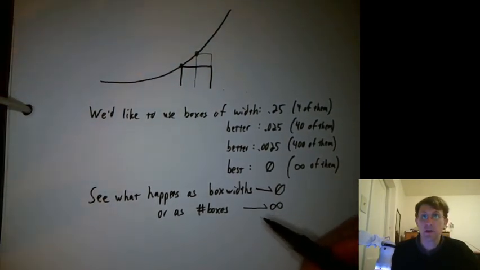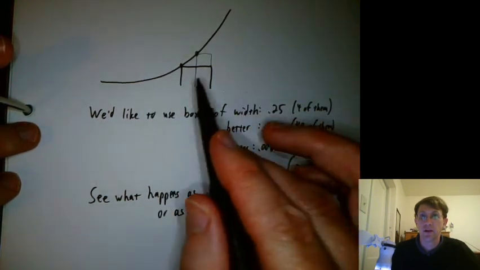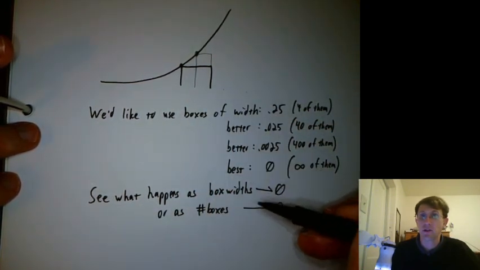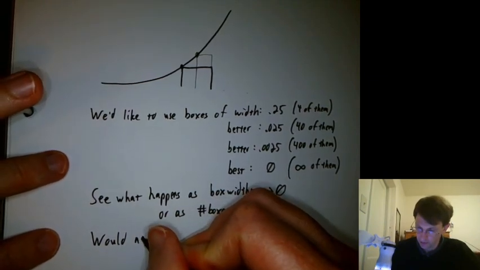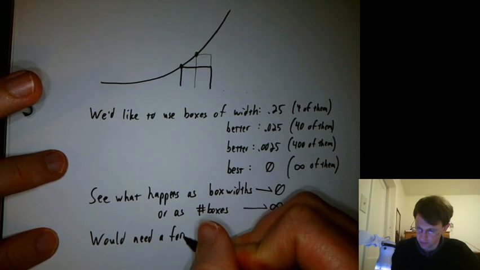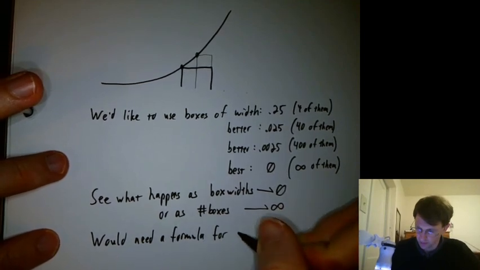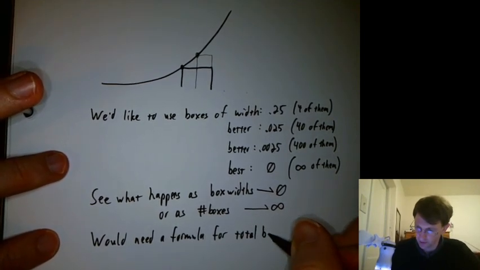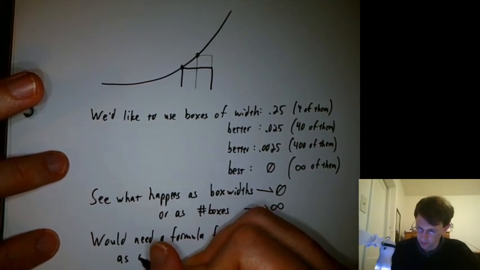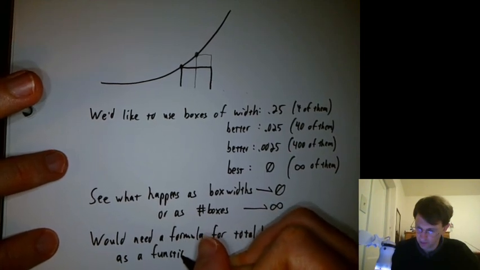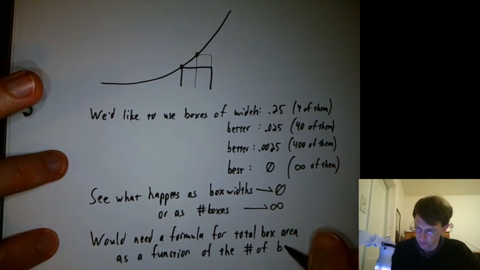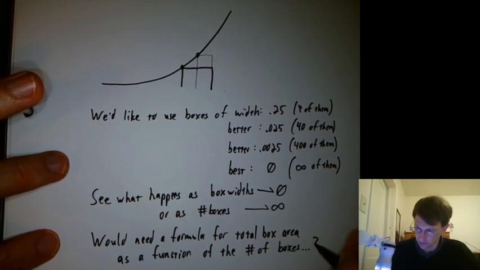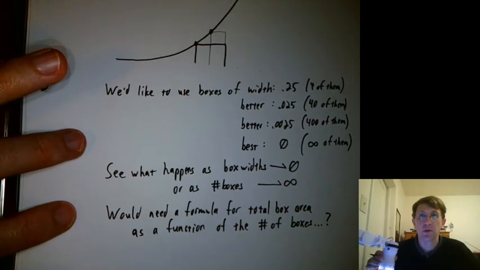But we would need a formula for the area of all those boxes as a function of the number of boxes. That would be handy. So I need a formula for the total boxes area as a function of the number of boxes. So that might be what we talk about next.